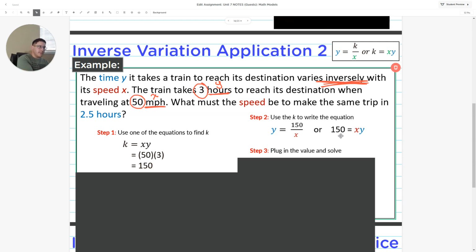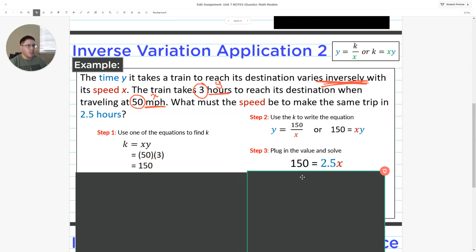Going through this problem, I decided to use the right instead because it's an easier way to solve. I would only have to do one step, and that's to divide. If I use the first equation, I would have to switch some things around and perform 2 steps essentially. This one, you only have to think of one way. So I'm going to use 150 equals 2.5x.